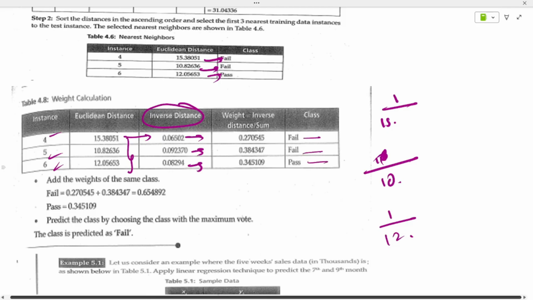The fail percentage is 0.27 and 0.38, adding to 0.65, that is 65% fail. The remaining 100 minus 65 is 35%, which is pass, so the majority is fail, and you will be considering it as fail only.